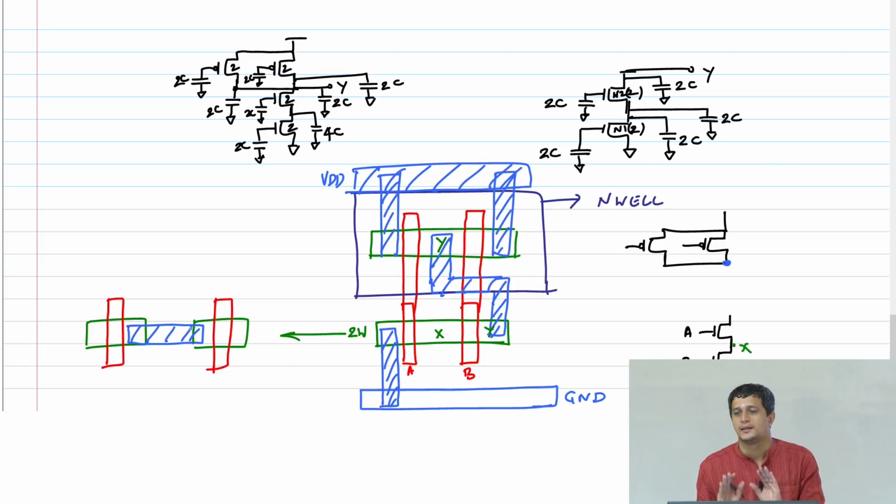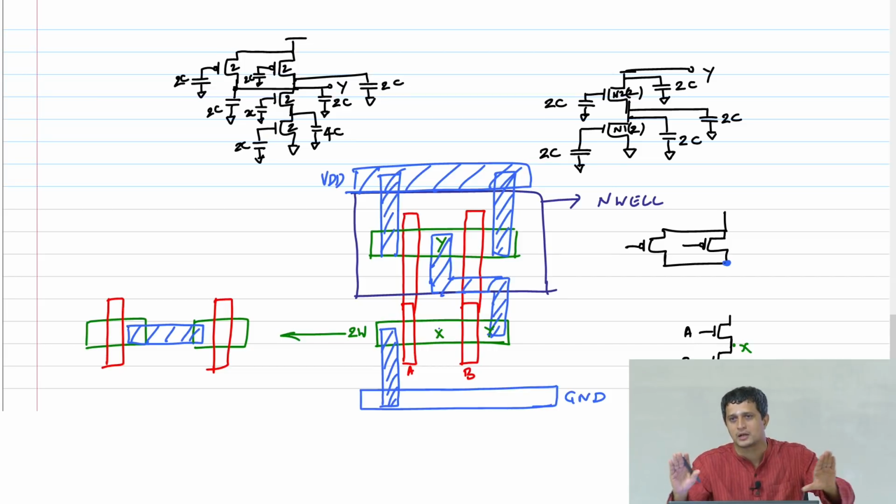But now these transistors share a diffusion. Diffusion is basically my N plus, right? They share that diffusion and also there is no contact on that. What do I mean by contact? It means that this node X is not available to the outside world. You can access Y, you can access A and B, but you cannot access X from outside, which means there is no contact made and therefore I don't need to give any minimum spacing between these two diffusions.